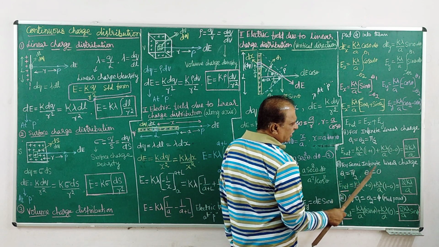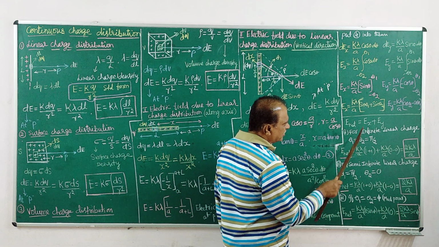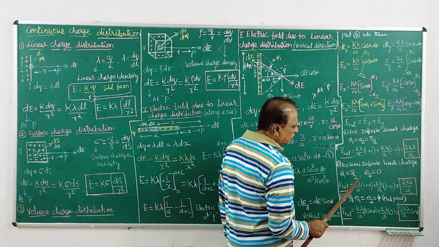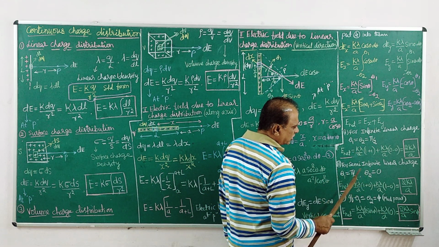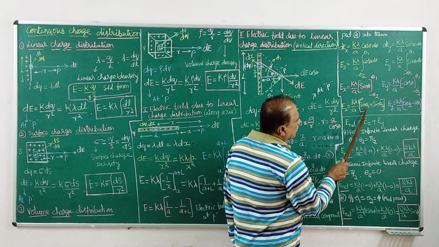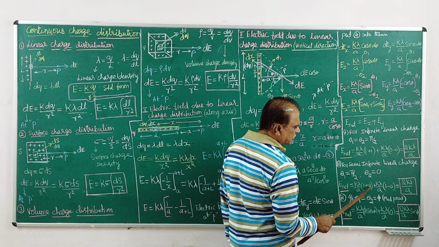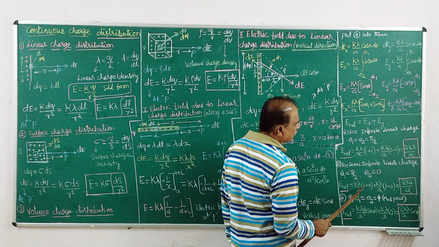For this semi-infinite linear charge, what would be the electric field? The net electric field is again this plus this. Substitute for theta 1 and theta 2. Theta 1 is pi by 2, theta 2 is 0. Sin 0 is 0, sin pi by 2 is 1.